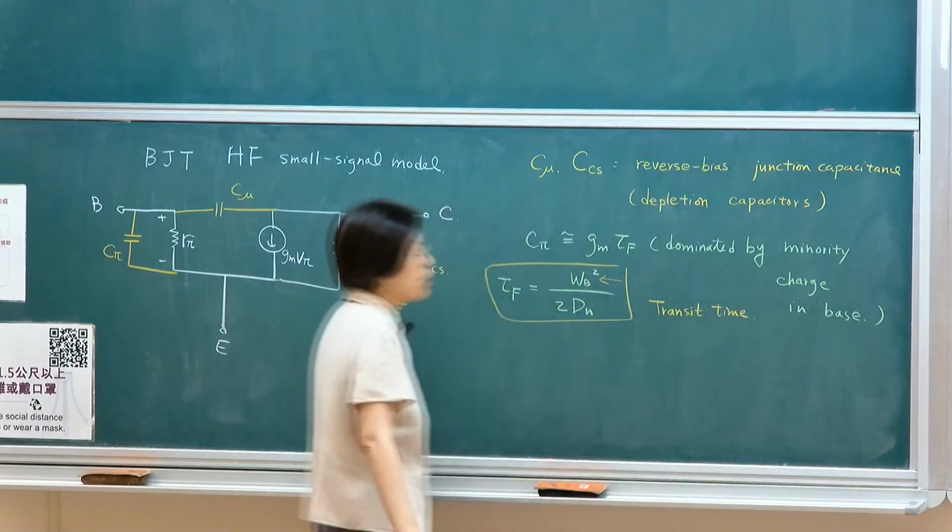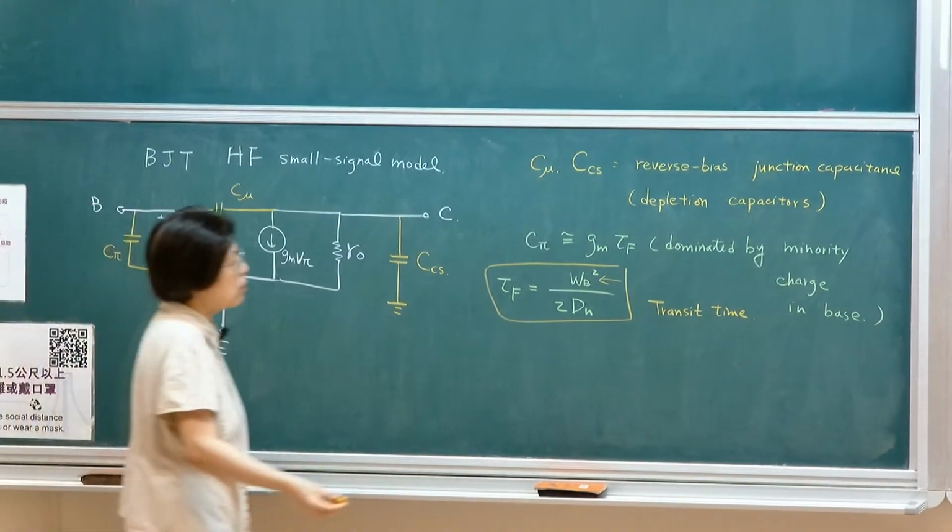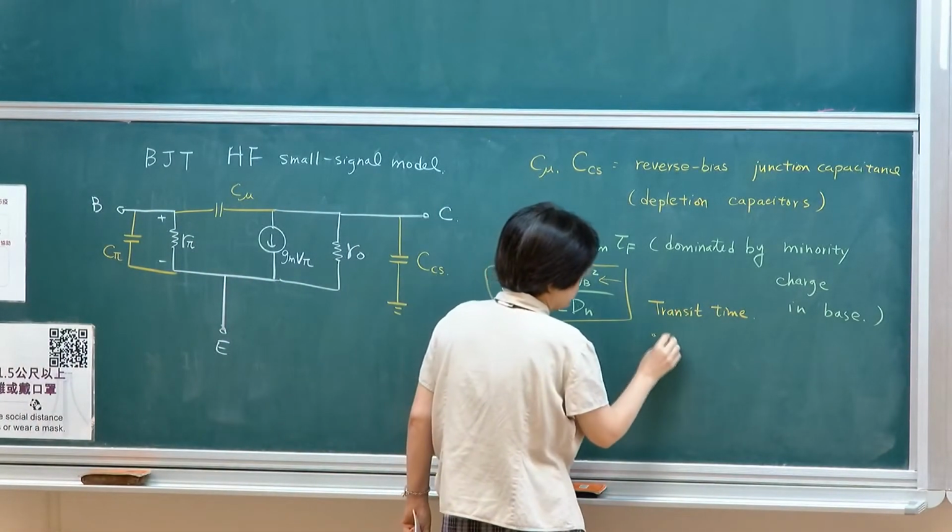It is the time required for an electron to move from base to emitter within this diffusion region, through diffusion. So you could use it as an average time.